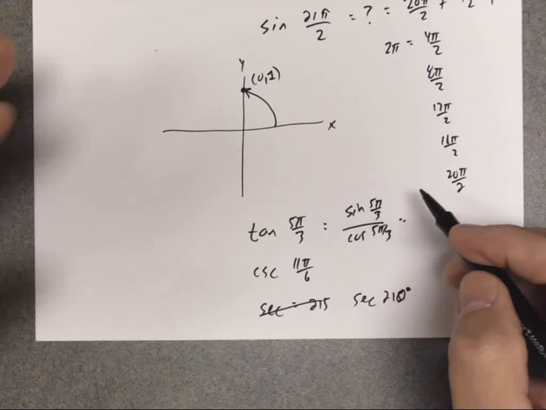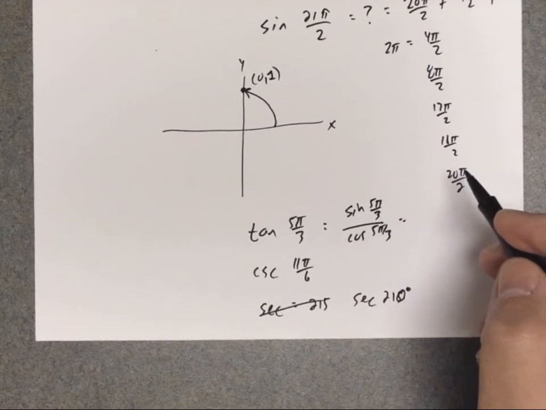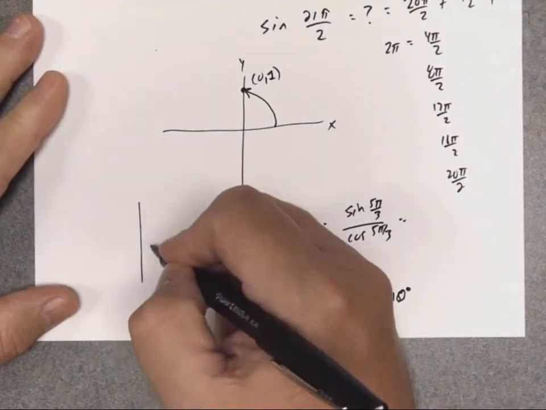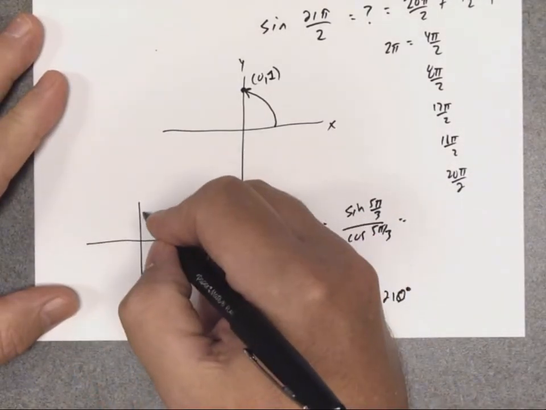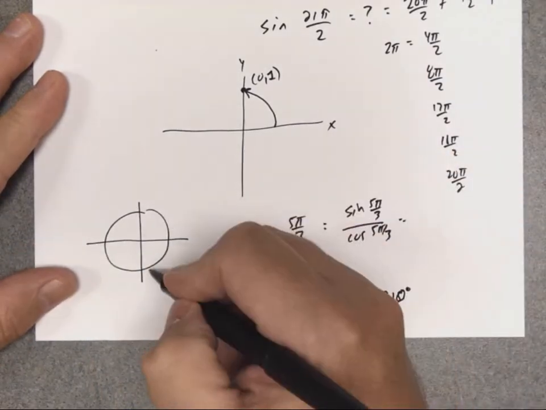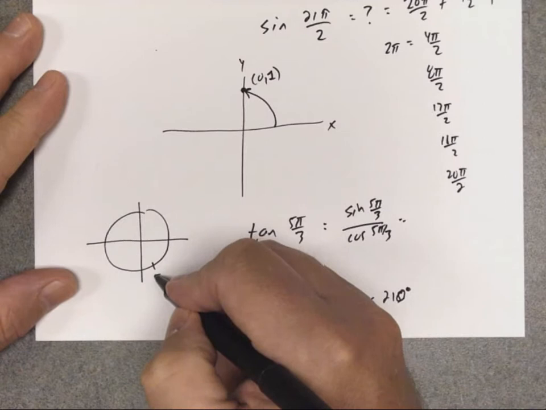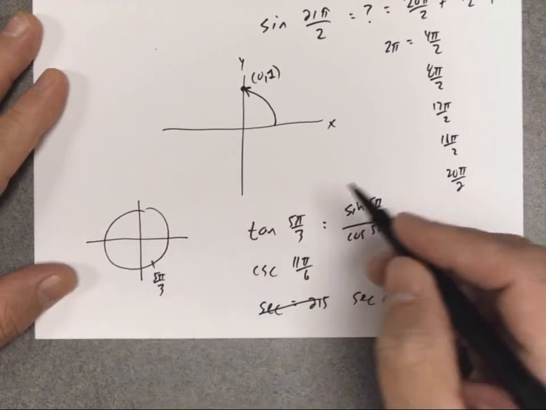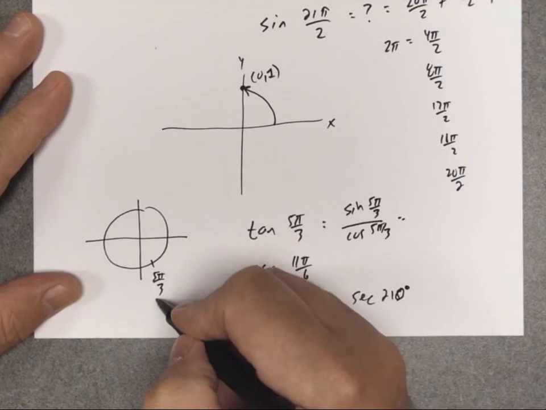In my mind, I'm going to go find the 5 pi over 3 angle on my unit circle. So in my mind, I'm remembering 5 pi over 3 is right here. And once I find that point, I remember my x and my y.